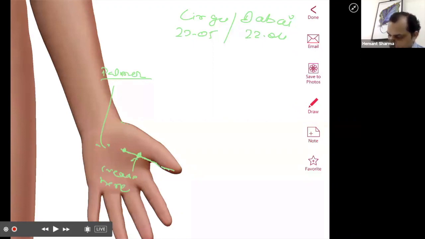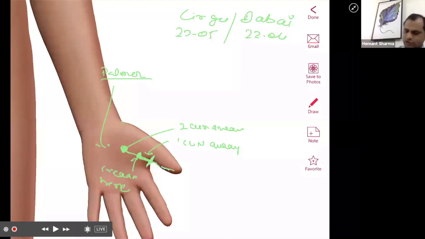So the first point will be 1 chun away from this junction. The second point will be 2 chun away. This point is just opposite to Lingu, because on the back side we have Lingu.